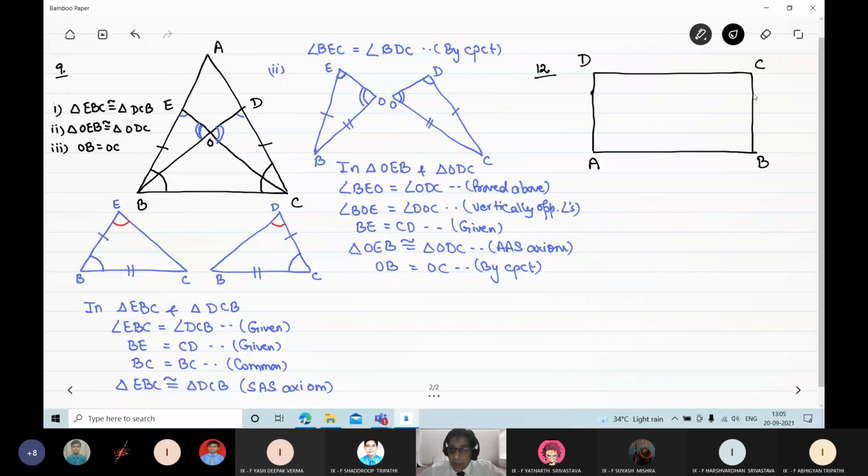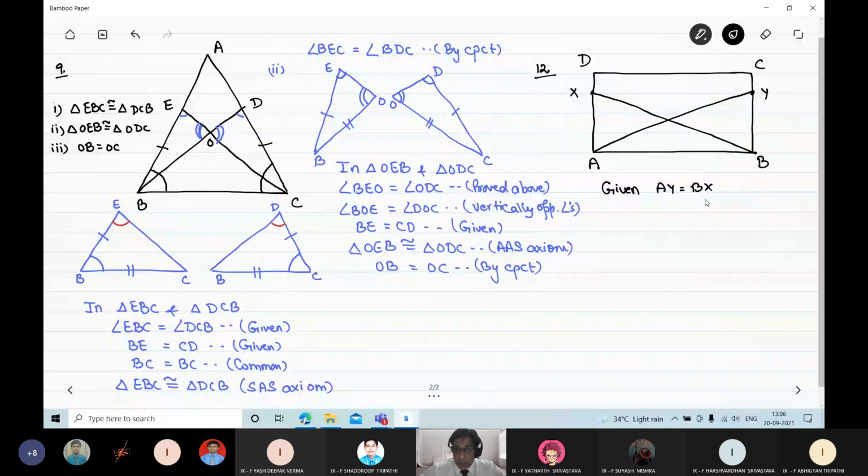So I'm marking the points. Point X is on AD and point Y is on BC, such that AY is equal to BX. This is given. So it's given to us that AY is equal to BX.